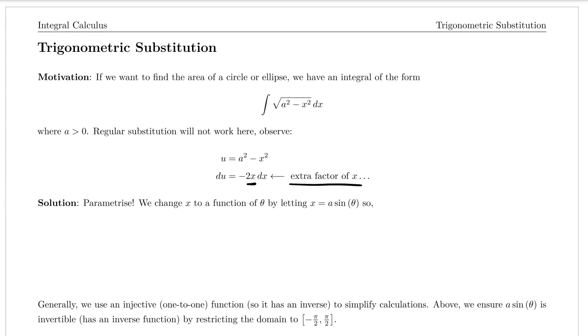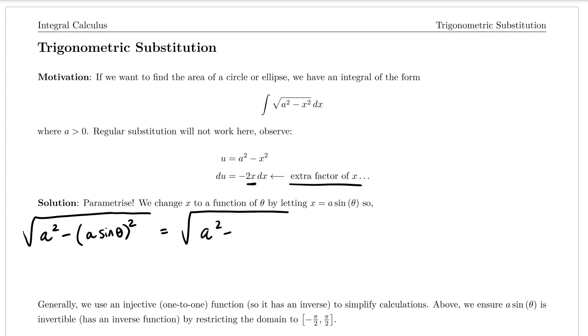So if we do that, then our original integrand, the square root of a squared minus x squared, gets changed into a times sine of theta squared. And then I'm going to go ahead and square that. So we get a squared minus a squared sine squared theta.